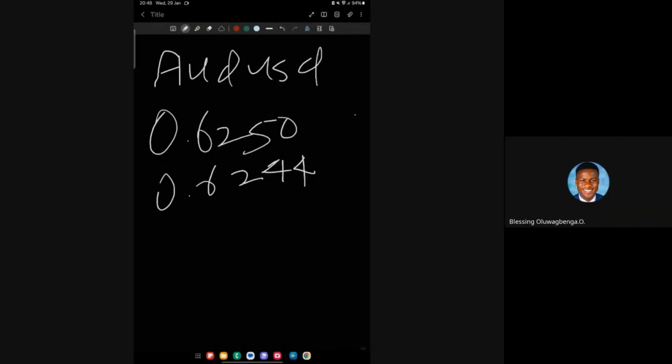So when you hear the word pip, just know that it is the smallest unit of movement in a currency pair.